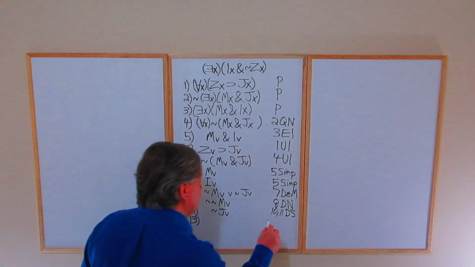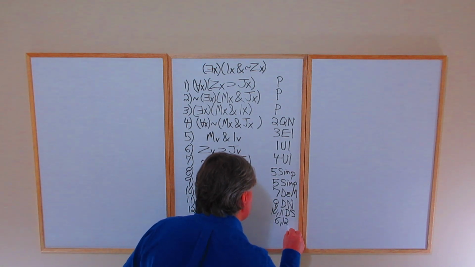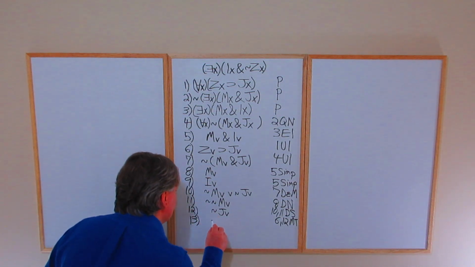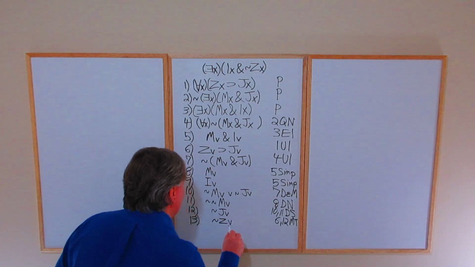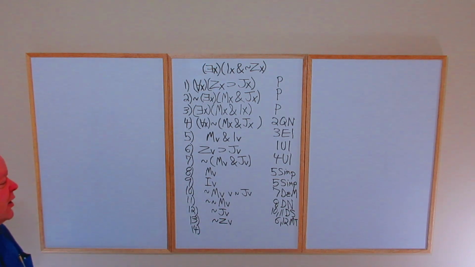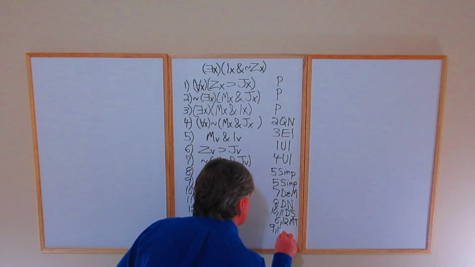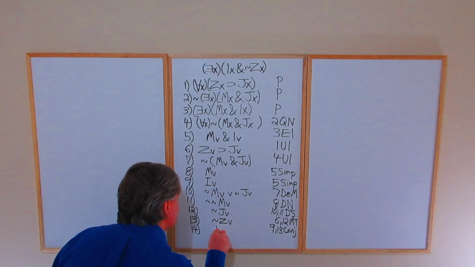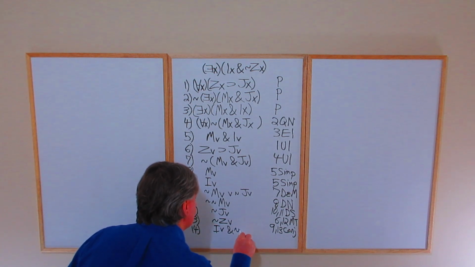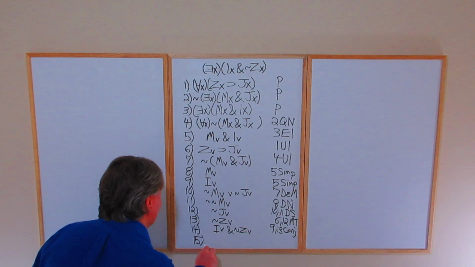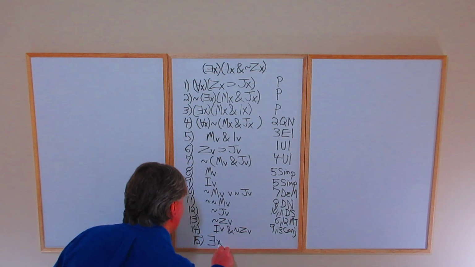Then 6, 12, modus tollens will give us tilde ZV, so that we will be doing a conjunction step. 9, 13, conjunction will give us IV and tilde ZV, and finally, as planned, we now do the EG on that conjunction.